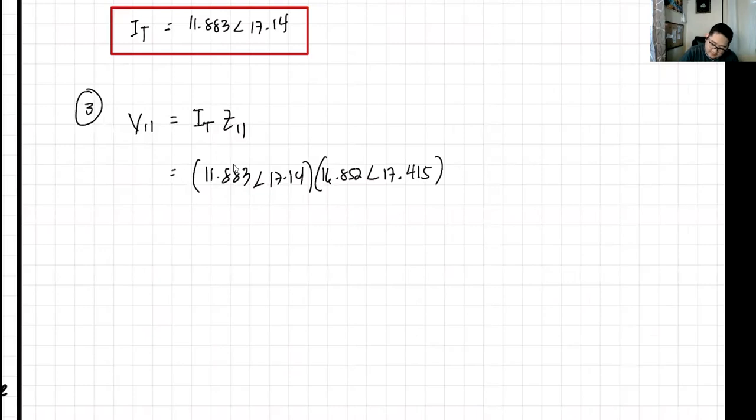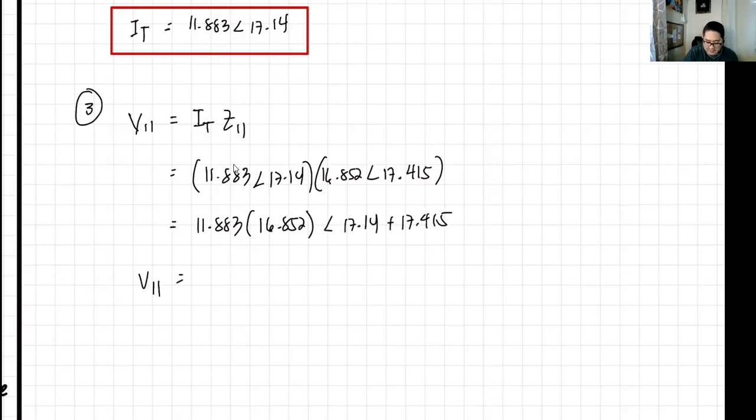Okay, perform natin to. So 11.883 multiplied by 16.852, angle 17.14 plus 17.415. Our voltage sa parallel system natin is 200.252 angle of 34.555.